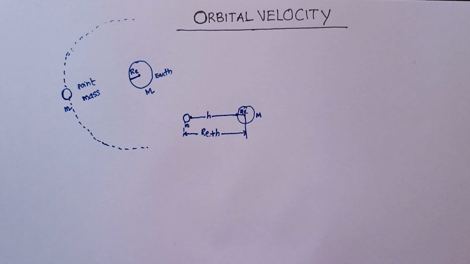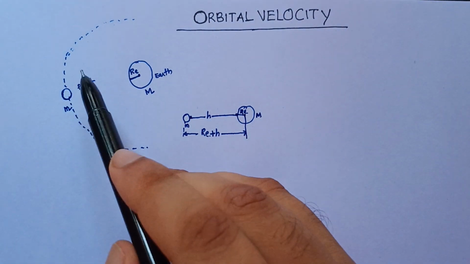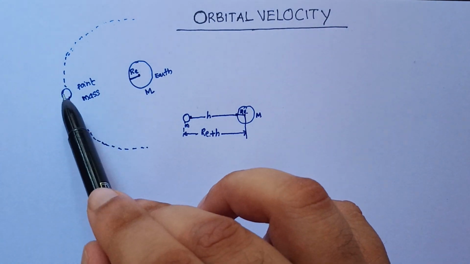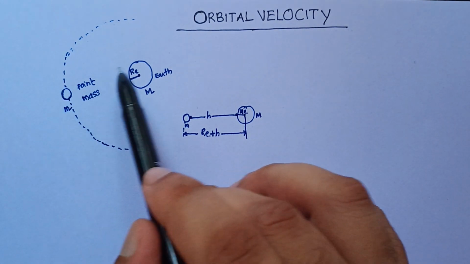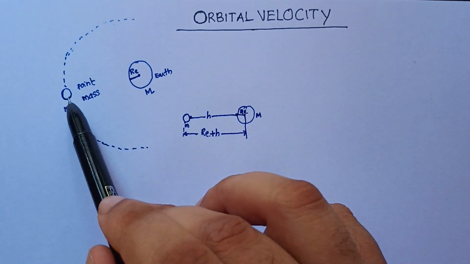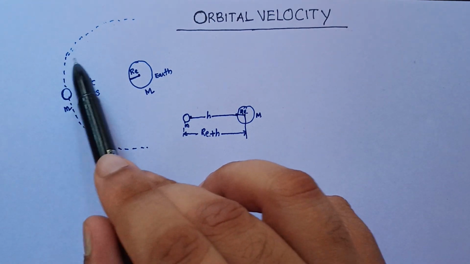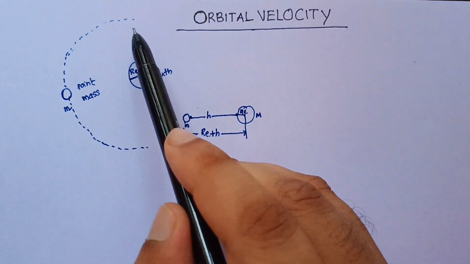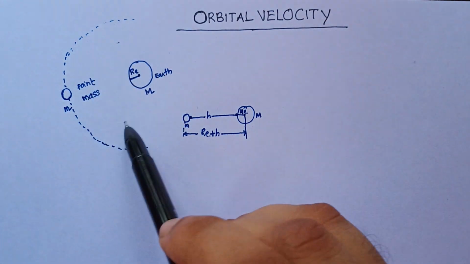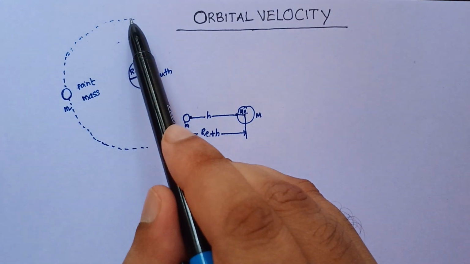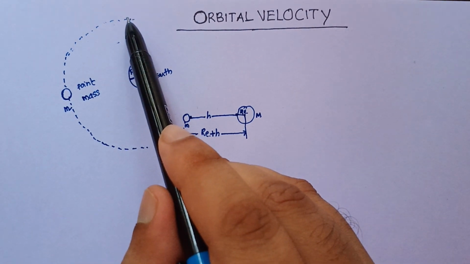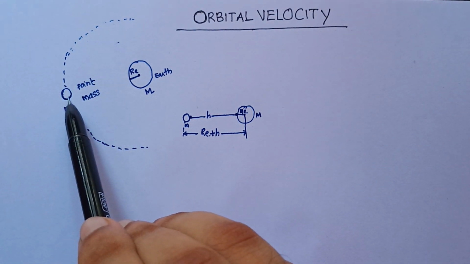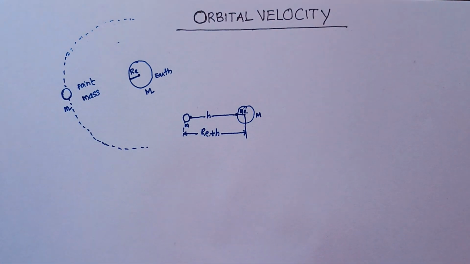As we know, this small mass is rotating around the bigger mass. Let's say this is a celestial body, or it can be a satellite. It is going to rotate within the Earth's gravitational pull. So here we experience the Earth's gravitational pull, and if it is rotating in a specified orbit, it experiences a force called the centripetal force.